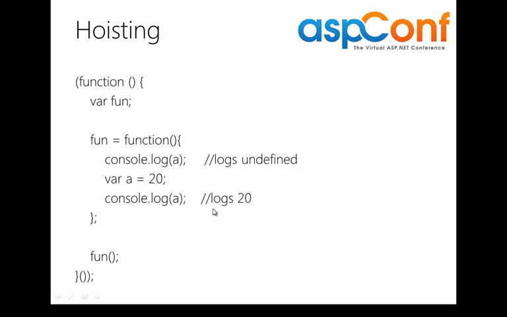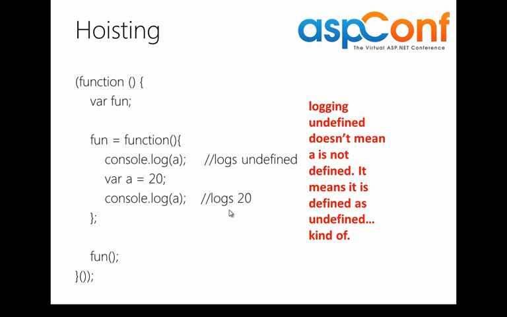And on the third line, you can see that it logs 20 as expected. However, this undefined is actually different from not being defined. A at that point is actually defined with the value of undefined rather than not being defined, if that makes sense. Well, it's JavaScript.